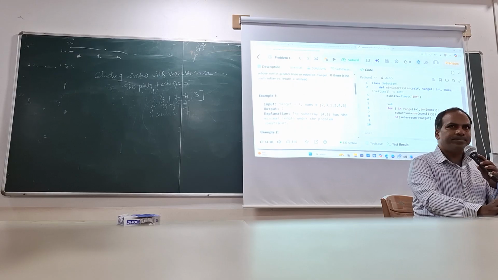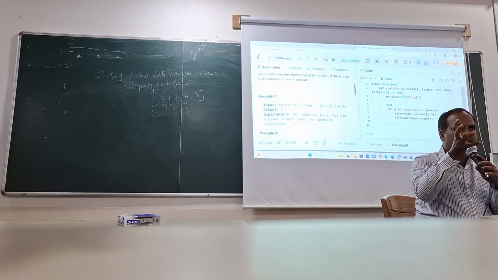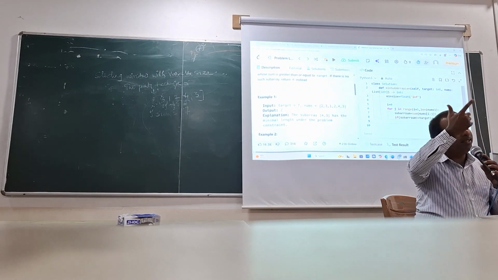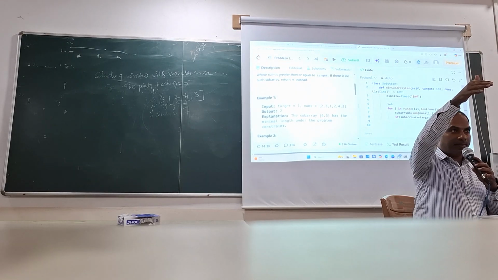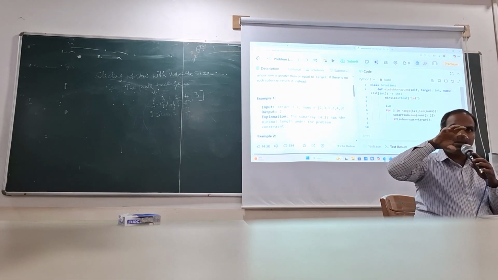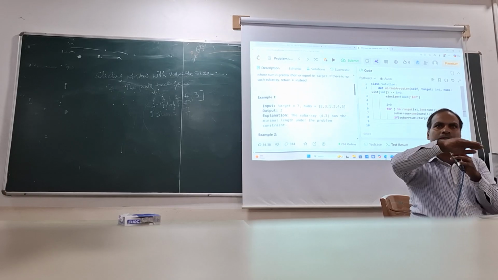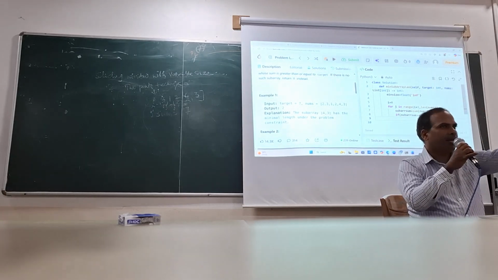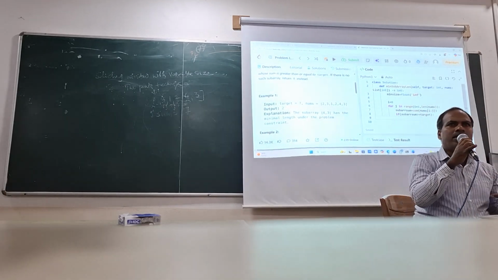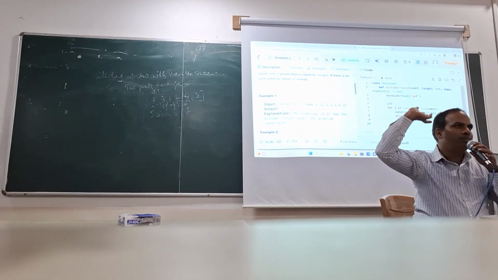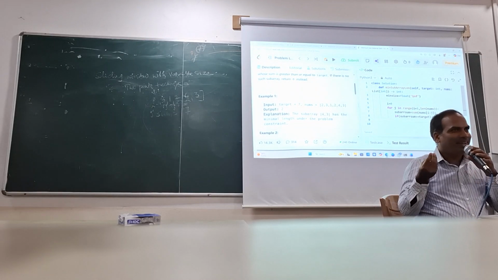Very simple, sir. We first find the length of that array, update the minimum by comparing the previous and current length, which one is minimum, then shrink the window. But again do the same process. If it is not satisfied, expand the window. That's all. Very simple. I hope you understand.